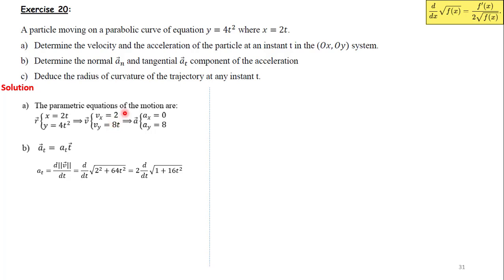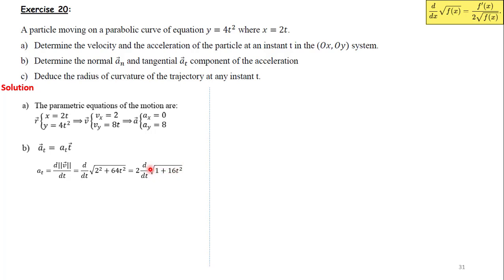It's equal to radical of 2 squared plus 8 squared t squared. So it's equal to this term. And we can take 4 as a common factor and keep it out of the derivation. So we will obtain 2 d over dt of radical of 1 plus 16t squared.